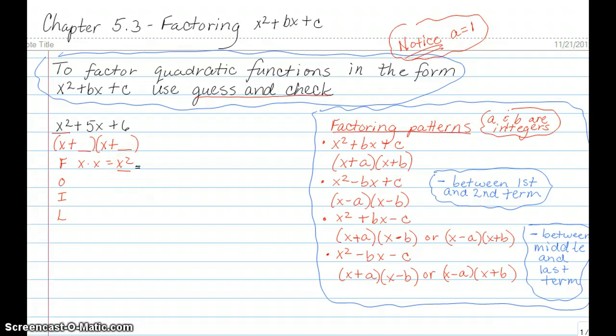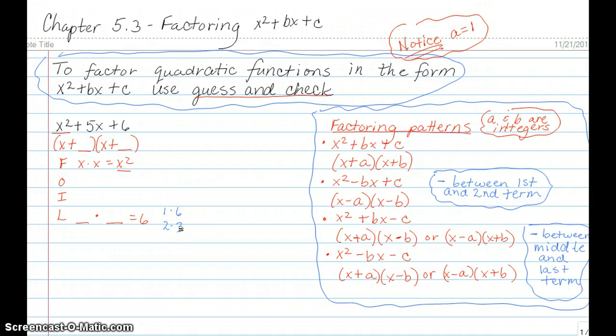The last term is really the key to what you're doing. So something times something, where I'm pointing here, last term times last term, is going to equal 6. You have a couple of choices. You could use 1 and 6 factors, or you can use 2 and 3 factors.